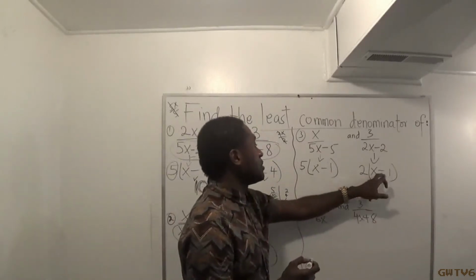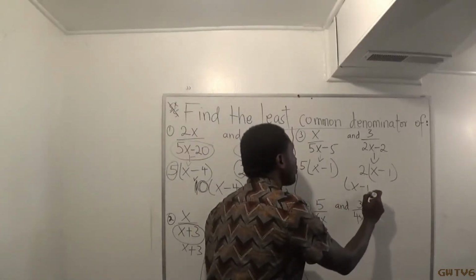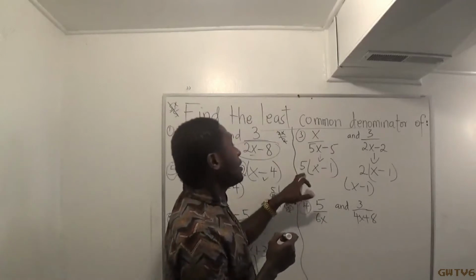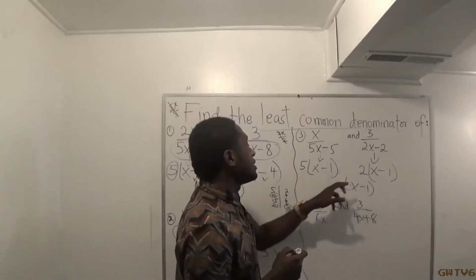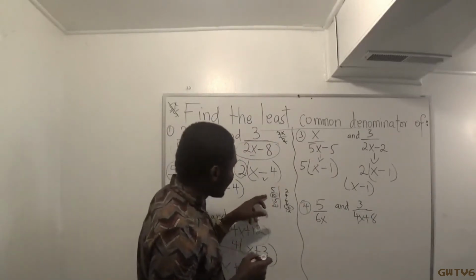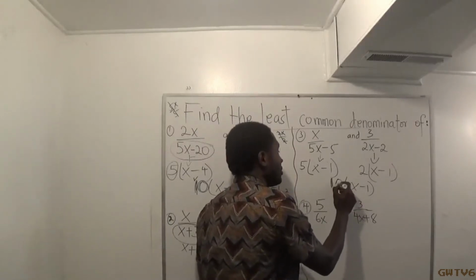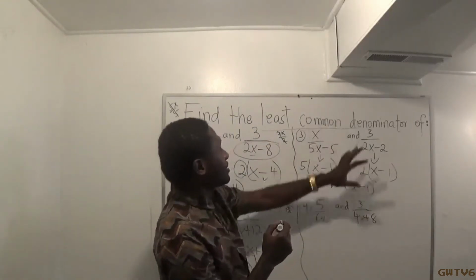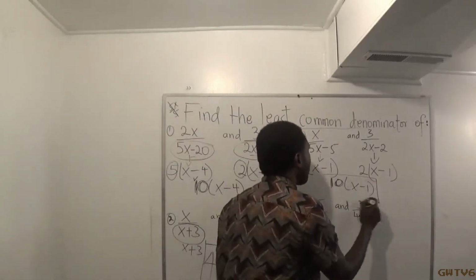These two are the same, so I can just copy one of them as part of my LCD: x minus 1. And between the numbers in front, which are the 5 and the 2, the LCD for 5 and 2, we already did that. That was a 10. So I'll put that 10 right in front. That means my LCD for this is 10 parentheses x minus 1.